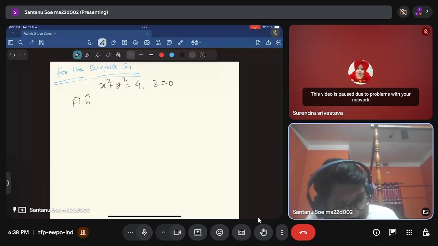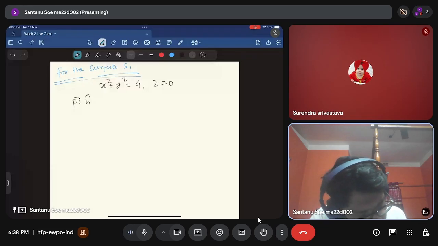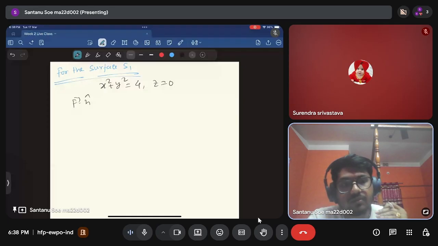Okay, now we have to calculate for the surface S2, sorry, S3. Okay, so here for the surface S3, we can see our z is 3, because z is varying from 0 to 3, correct?